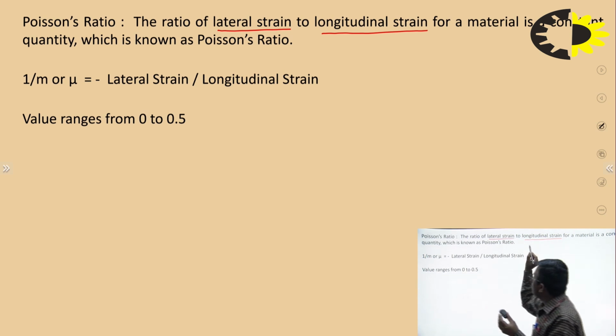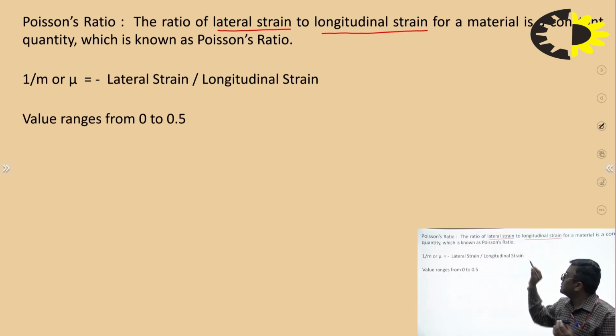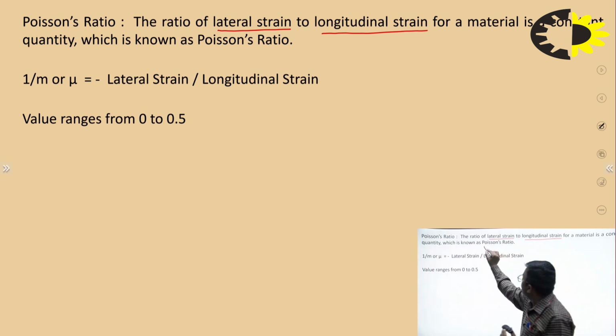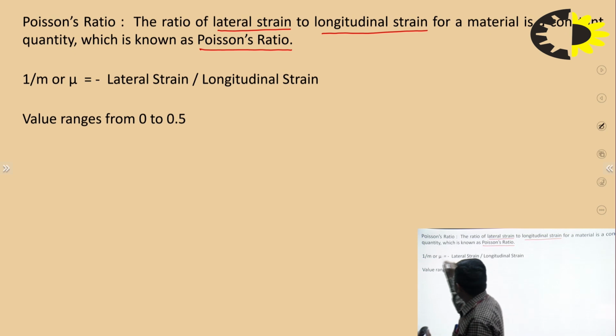And the ratio of these two strains, lateral strain to longitudinal strain, within the elastic limit for a particular material is a constant quantity, and that quantity is known as Poisson's ratio, which is normally shown with the help of 1 upon m. Somewhere you may find mu.